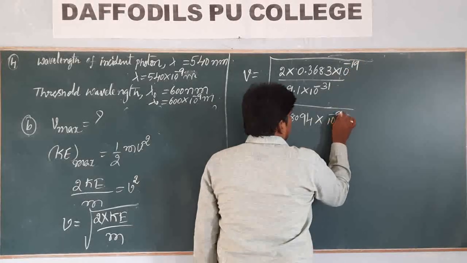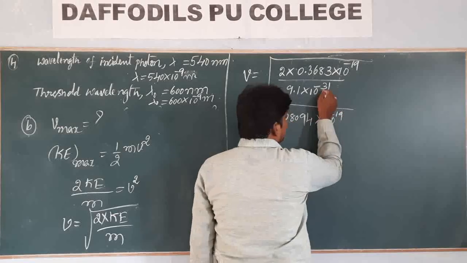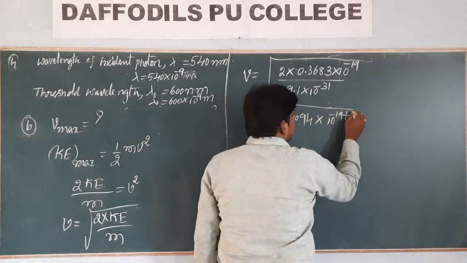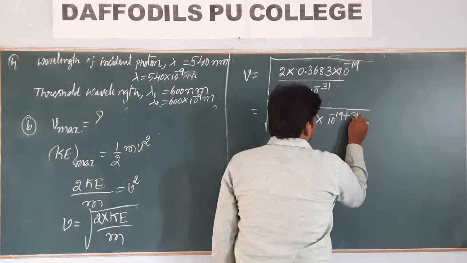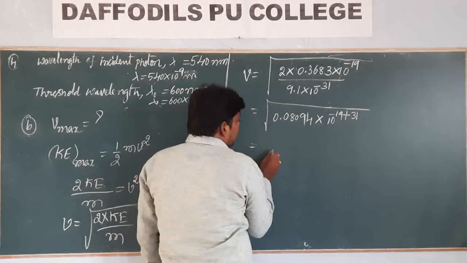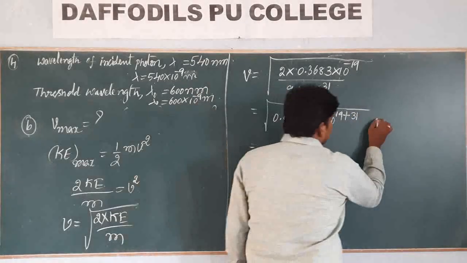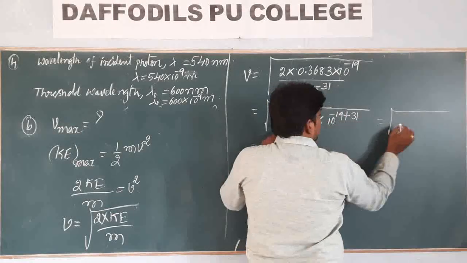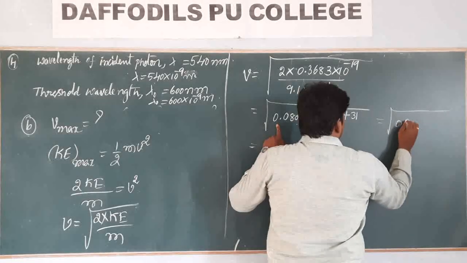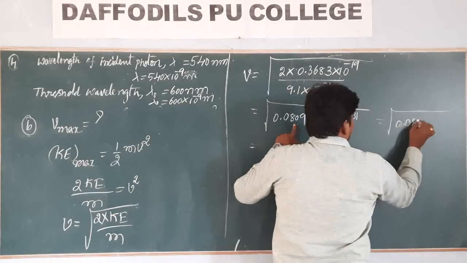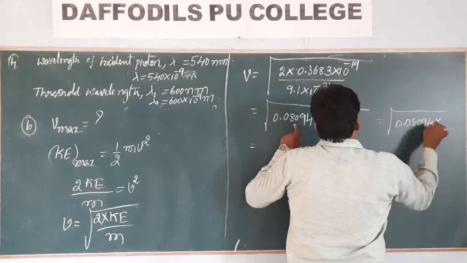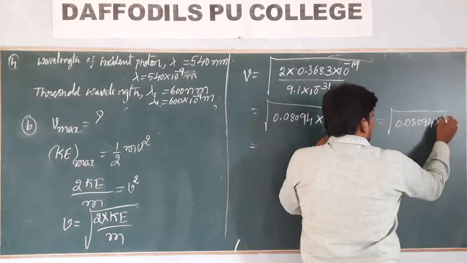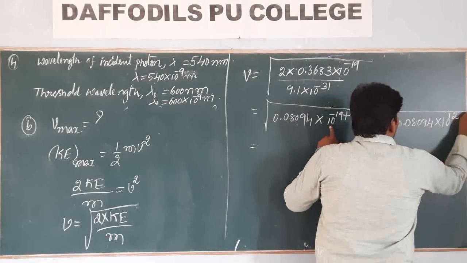Take 10 to the power minus 31 to the numerator, it becomes plus 31. The value will be 0.8094 into 10 to the power minus 19 plus 31, that is about 10 to the power 12.